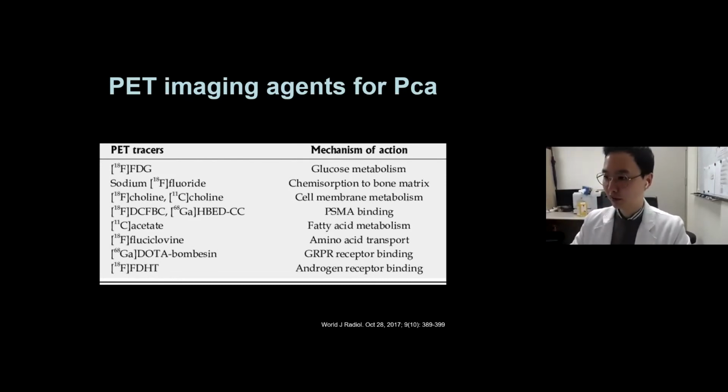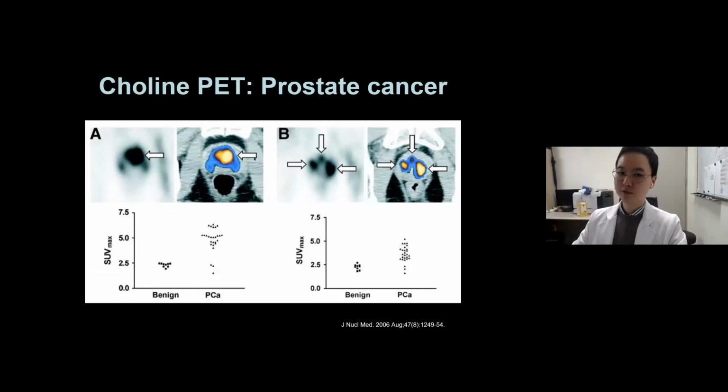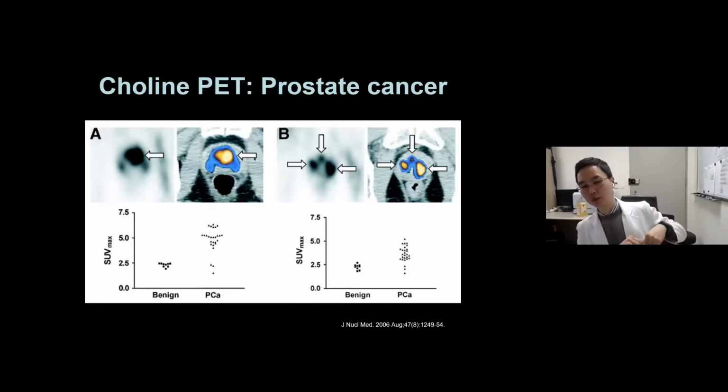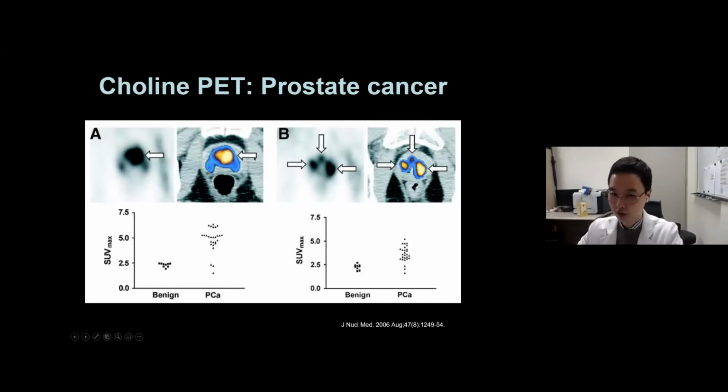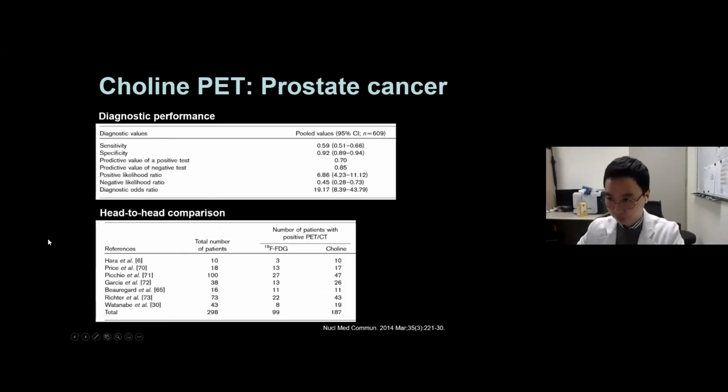for prostate cancer imaging. For the first, choline PET is an agent targeting increased cell membrane metabolism. This study shows that the SUVmax of choline PET, whether the lesion is focal or multifocal, showed higher uptake compared with benign lesions.